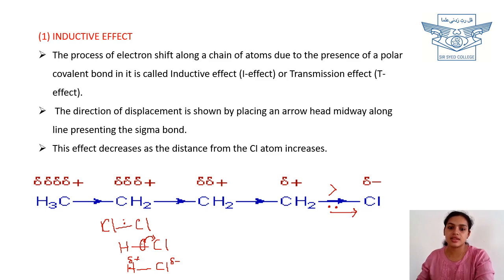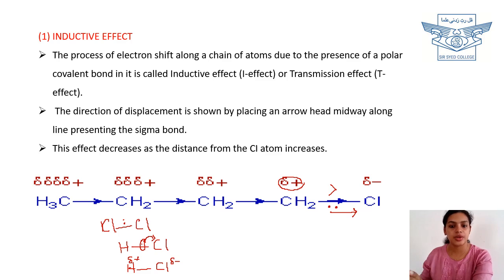As a result, this carbon gets a delta positive charge. That means most of its electron density is shifted towards chlorine. So this carbon is now deprived of electrons.